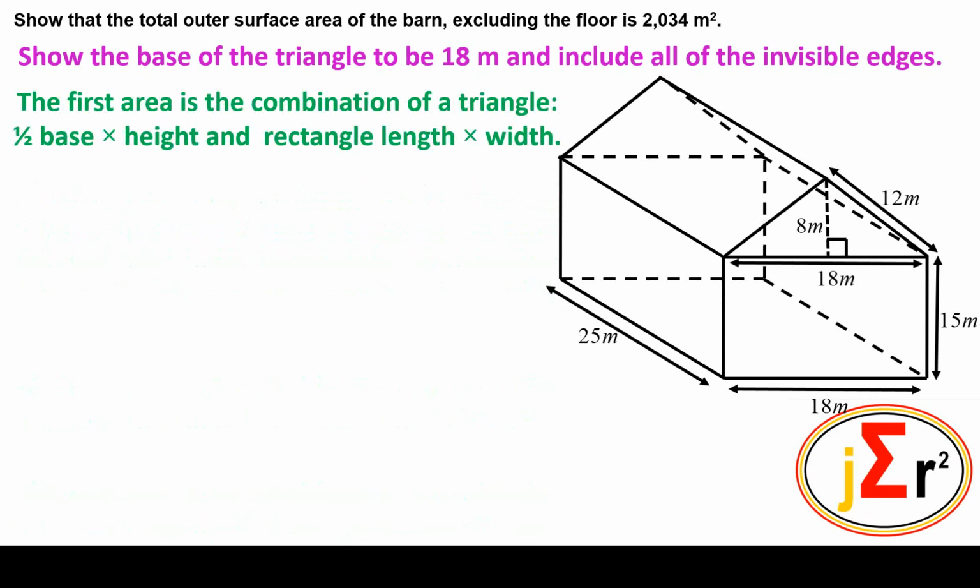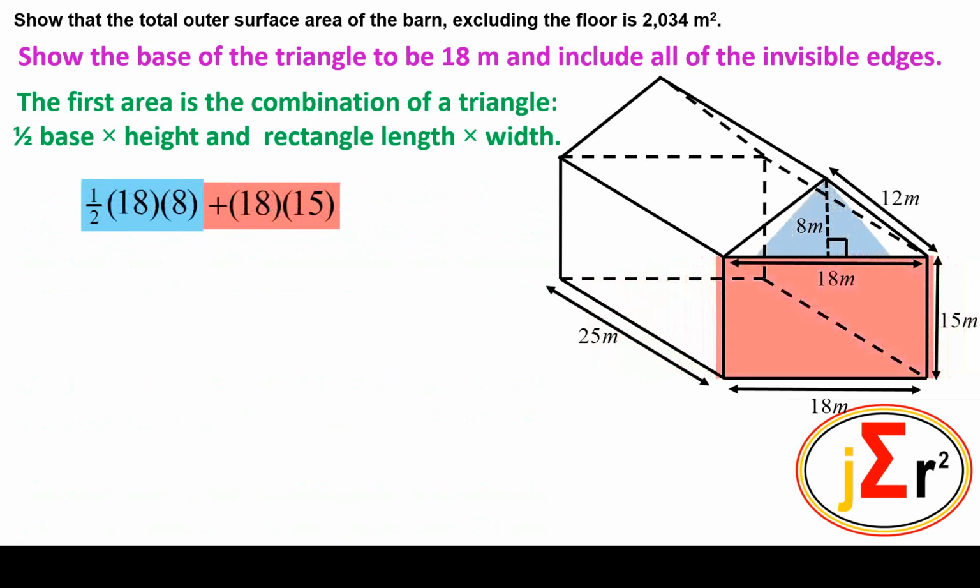The first area is the combination of a triangle, which is half base times height, and a rectangle, which is length times width. So we have the rectangle right here, which is 18 by 15 as we have represented there. And then we have half base times height.